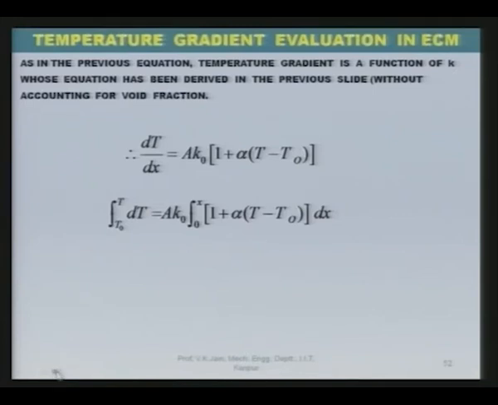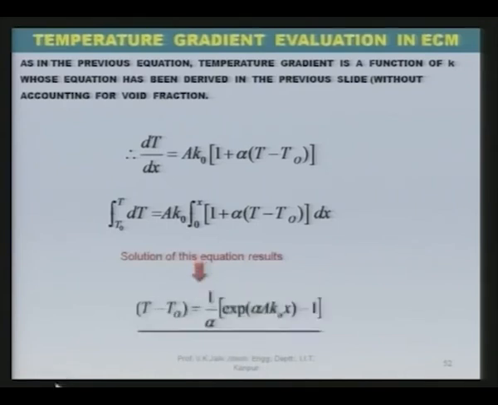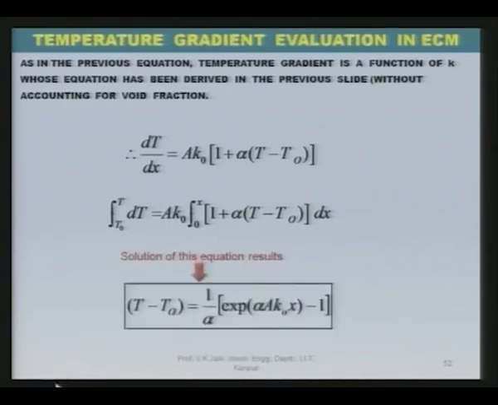Then you have to evaluate the constant of integration, and if you substitute the values, then you find T minus T0 is equal to 1 over alpha multiplied by exponent alpha A K0 x minus 1. A is the constant that I derived in the last slide, not the cross sectional area.